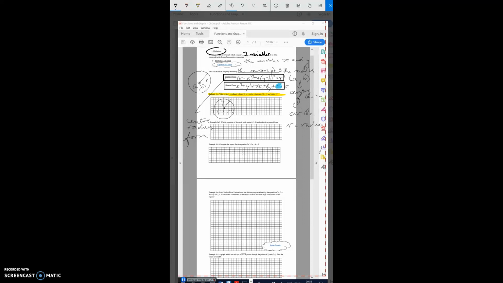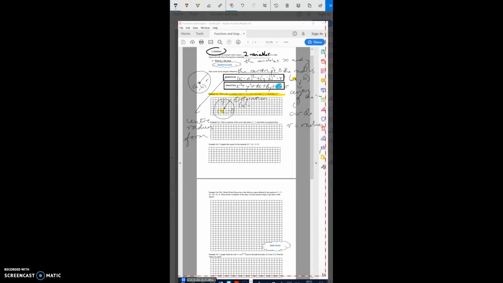We can't really do very much until we have an equation. So the first thing we're going to do is find the equation of the circle. So we've got the center of the circle. We know it's (x - a). a is the x-coordinate, so a is going to be -2.